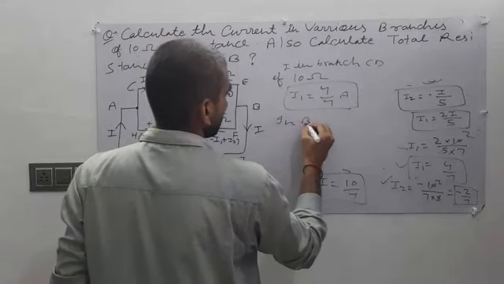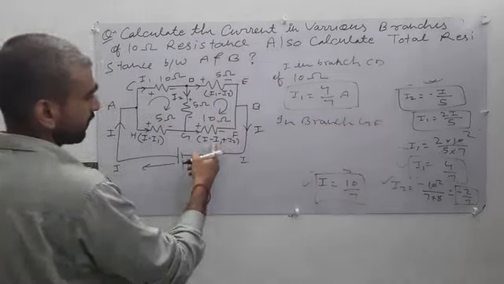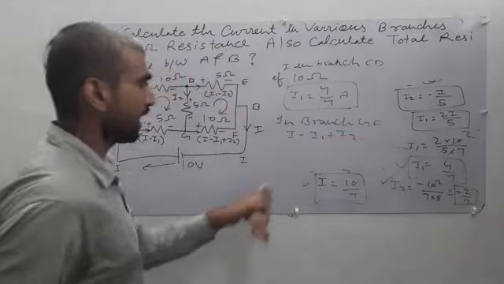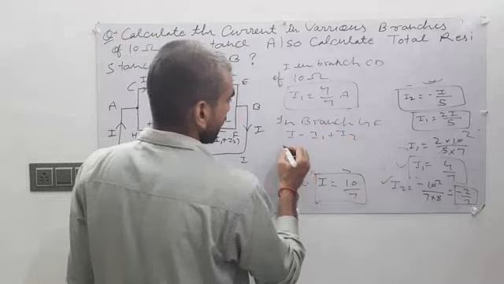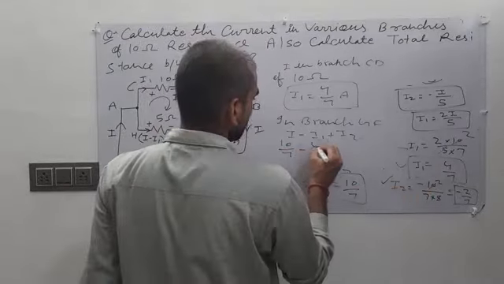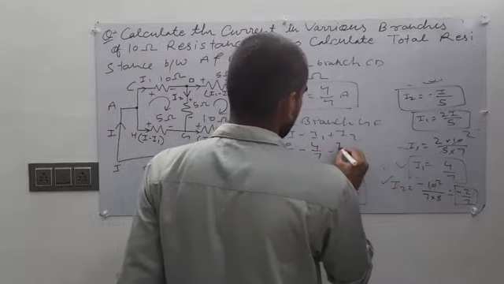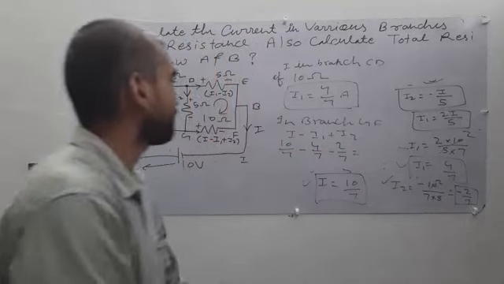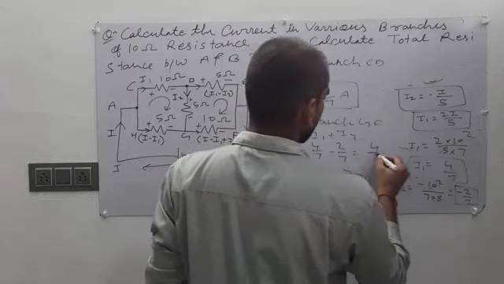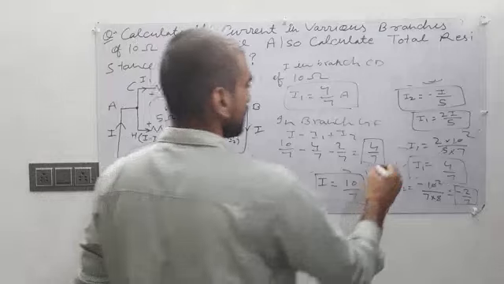In branch GF, the current is I minus I1 plus I2. Put the values: I is 10 upon 7, I1 is 4 upon 7 and I2 is minus 2 upon 7. Then you will get 4 upon 7 ampere in this branch.